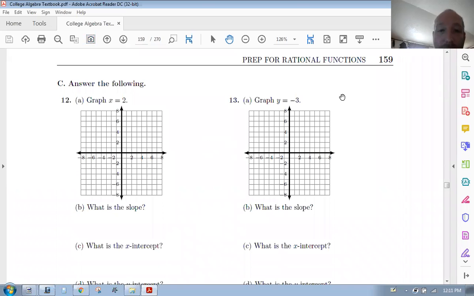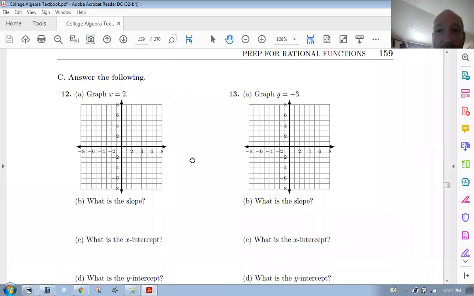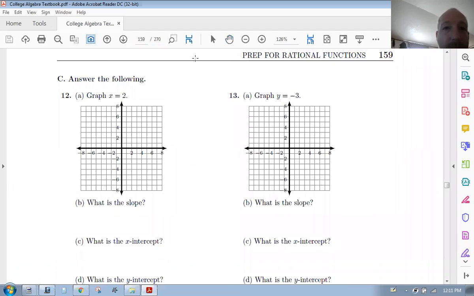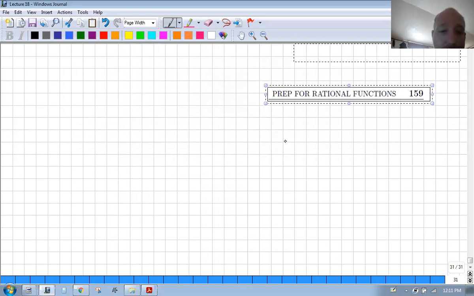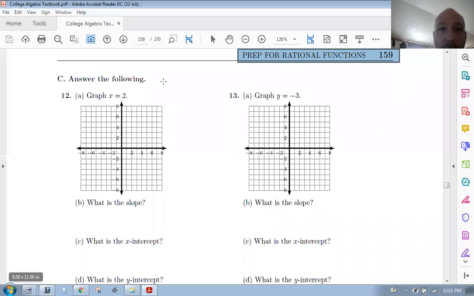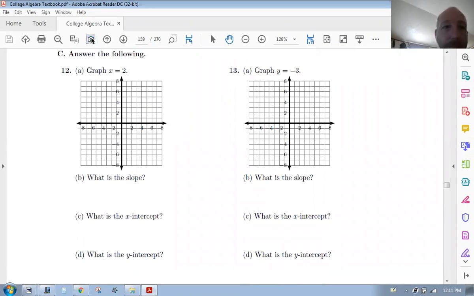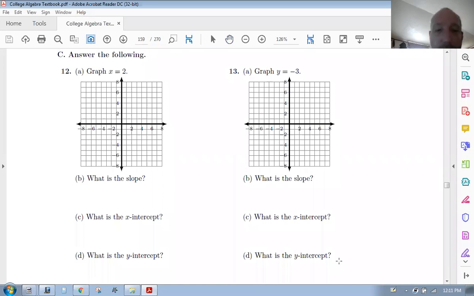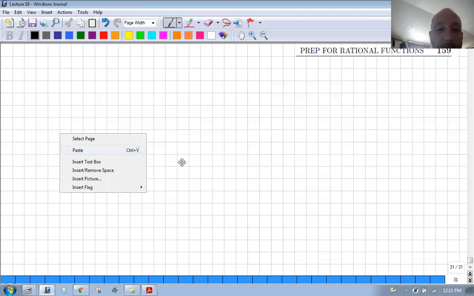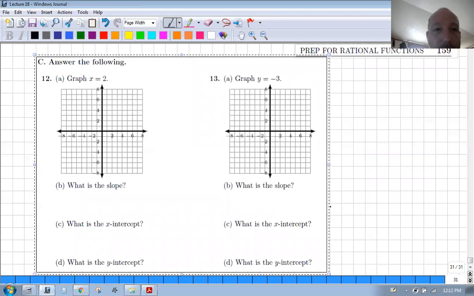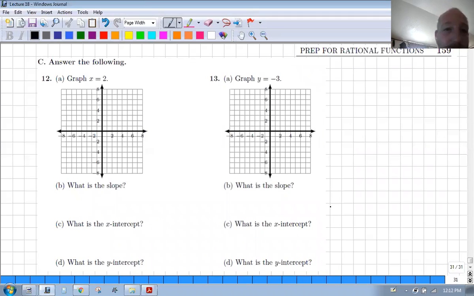All right, page 159. Okay, graph x equals 2.